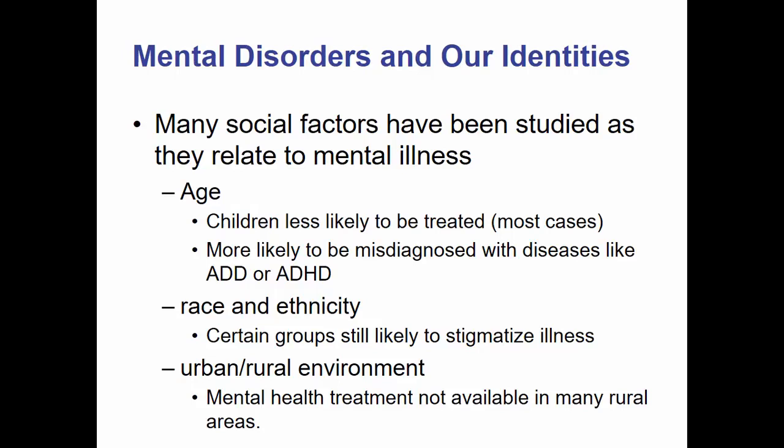Race and ethnicity. Certain groups are still likely to stigmatize mental illness. African American populations, certain other populations are more likely than other populations to have cultural and subcultural stigmatizations on illness, and that is an artifact of those groups having been discriminated against in the past.